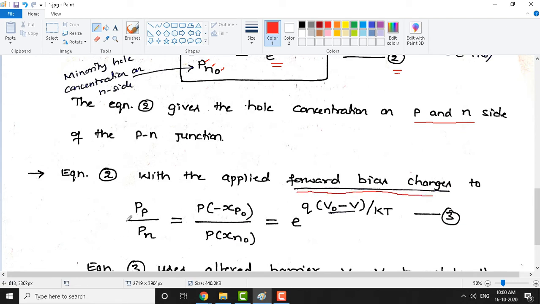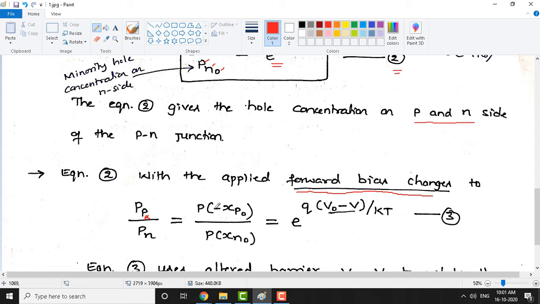On the left hand side we have Pp. Now you can see that we have removed that 0 here, so it is not there now. So it is under forward bias condition. Therefore Pp by Pn, hole concentration on P side to hole concentration on N side, can be written as a function of distance, holes at minus xp naught. We are calculating this with reference to the depletion region.